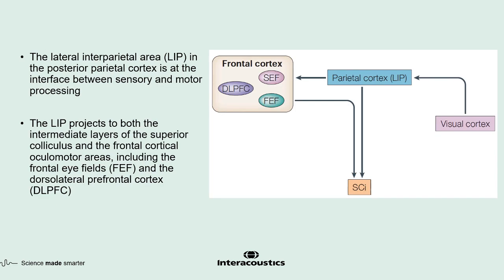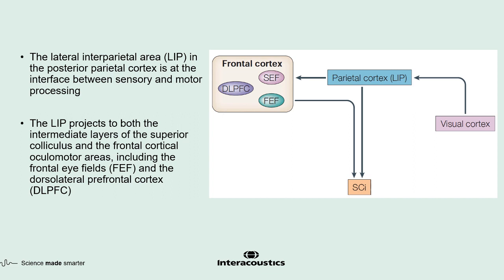Now, from the visual cortex, this is where we start moving forward towards the mechanisms that allow us to generate volitional saccades. The visual cortex stimulates the parietal cortex. It stimulates an area called the lateral intraparietal area, or the LIP, which is in the posterior parietal cortex, and this functions as the interface between sensory and motor processing.